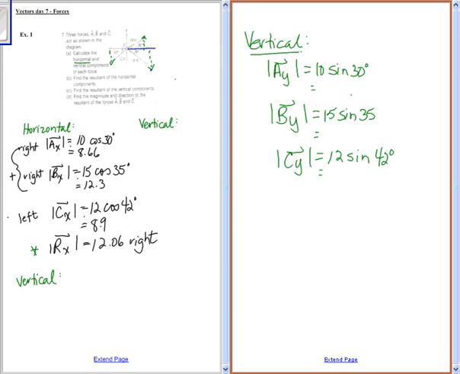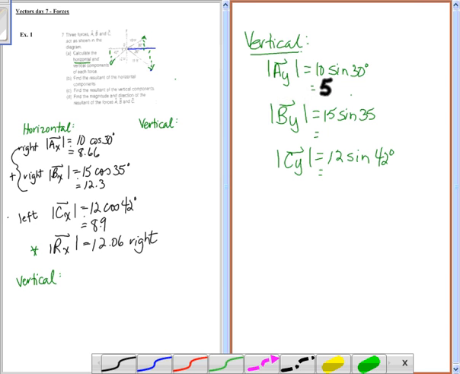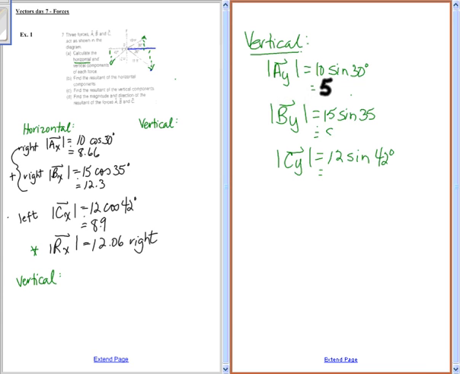For the vertical component for A, it is exactly 5. Oh, that's cool, but not what I wanted. There we are. For B, it is approximately 8.6. For C, it is approximately 8.02. The vertical component for A is an up, for B is a down, and C is a down.